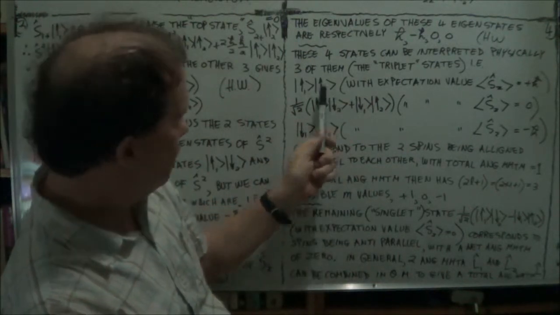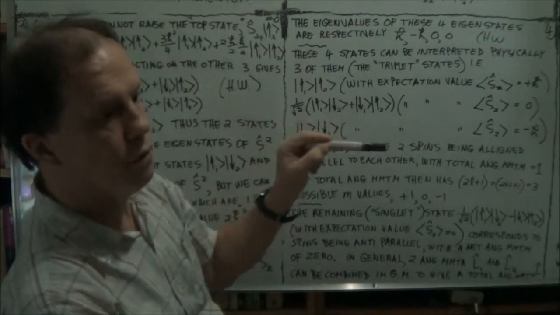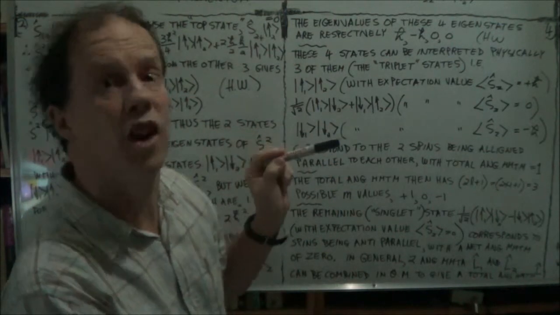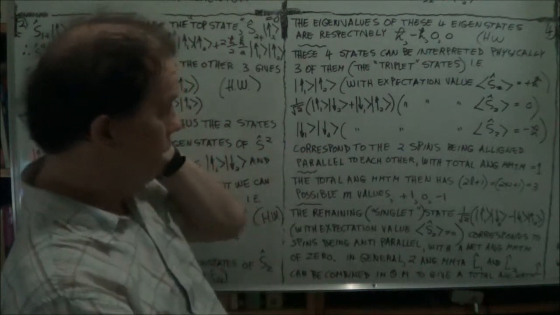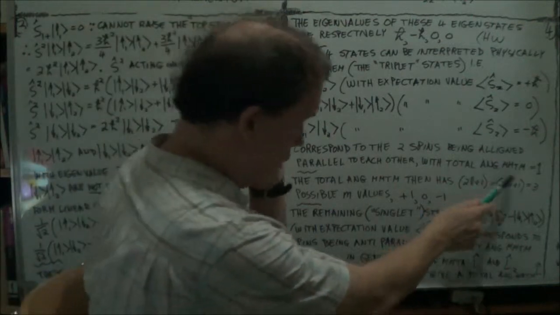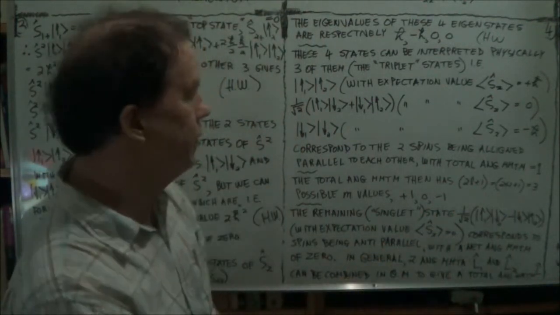So for these three eigenstates, the orientation of the two spins is that they're parallel. The two of them are pointing in the same direction. So the total angular momentum is 1, a half plus a half, effectively.